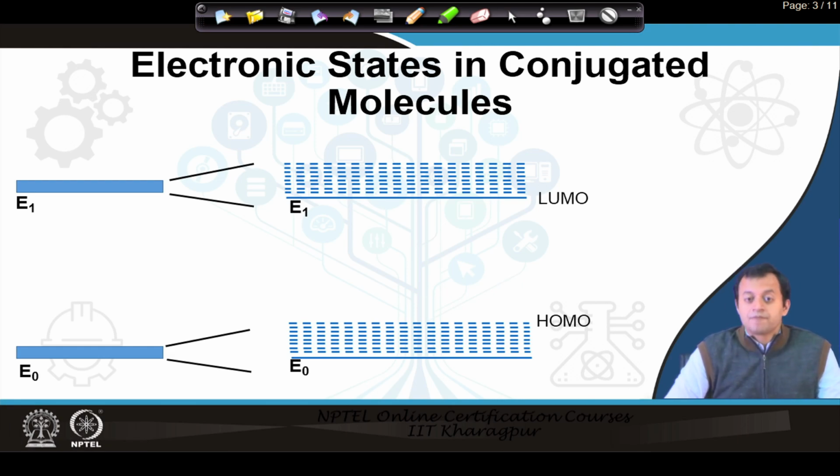Electronics engineers, people who deal with semiconductors these days, consider this as valence band and conduction band. I could clearly see that you figured it out. HOMO and LUMO stand for valence band and conduction band. Why the change of name? Well, HOMO and LUMO is mostly to do with chemistry, organic chemistry.